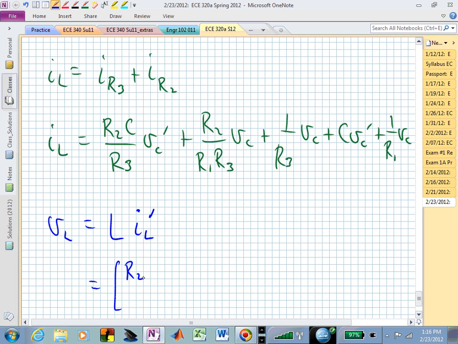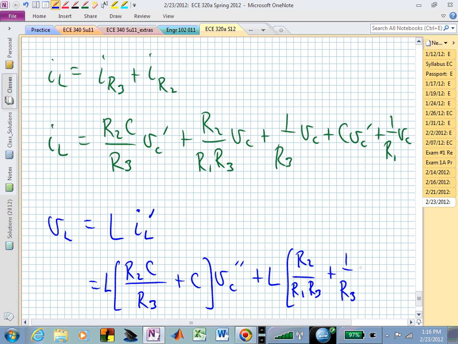I have an R sub 2 C over R sub 3, this is times L, plus a C, V sub C double prime, plus an L times the other pieces, which is an R2 over R1 R3, plus a 1 over R3, plus a 1 over R1, V sub C. And that now needs to be differentiated.